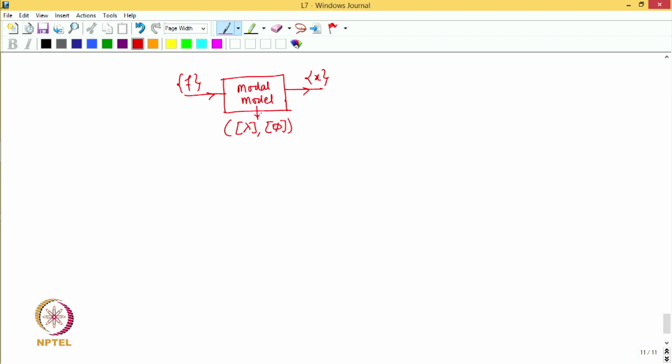This is the model. So, these are the two equivalent descriptions of the system. If either of them is available, it is possible to analyze the system for its dynamic response.